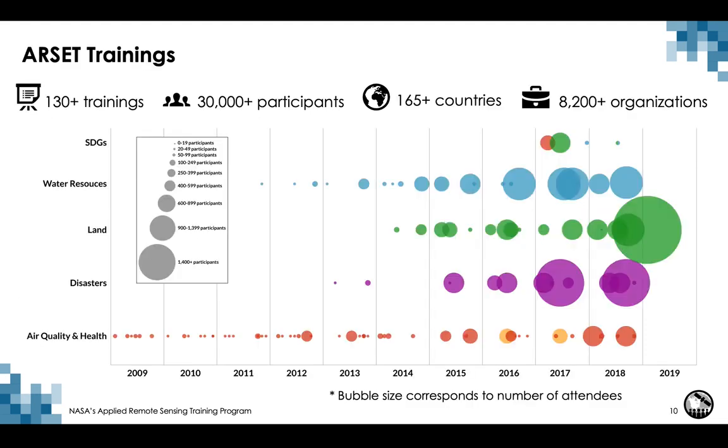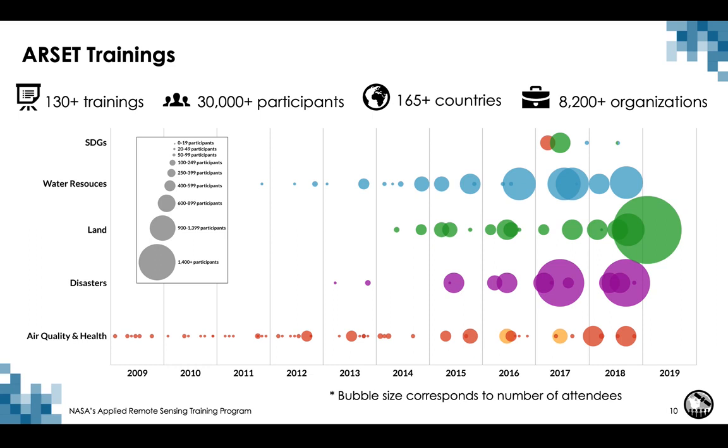This infographic gives the timeline for RSET for its first 10 years from 2009 to 2019. Each bubble size corresponds to the number of attendees per training and application area. For RSET's first 10 years, the program held more than 130 trainings, with over 30,000 participants, joining both in person and online from across the planet.